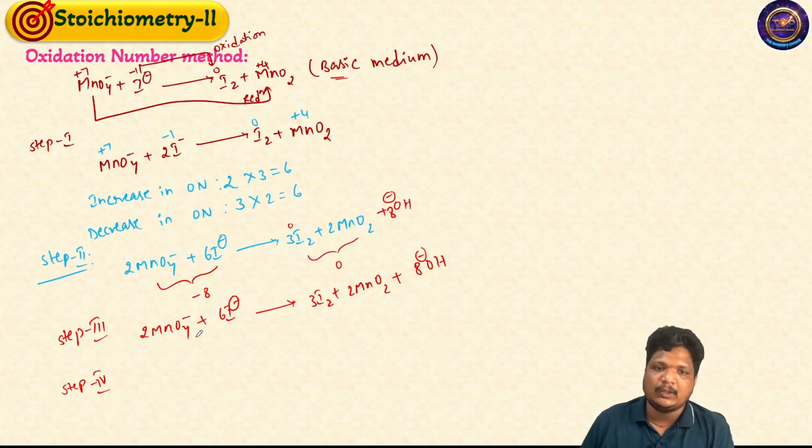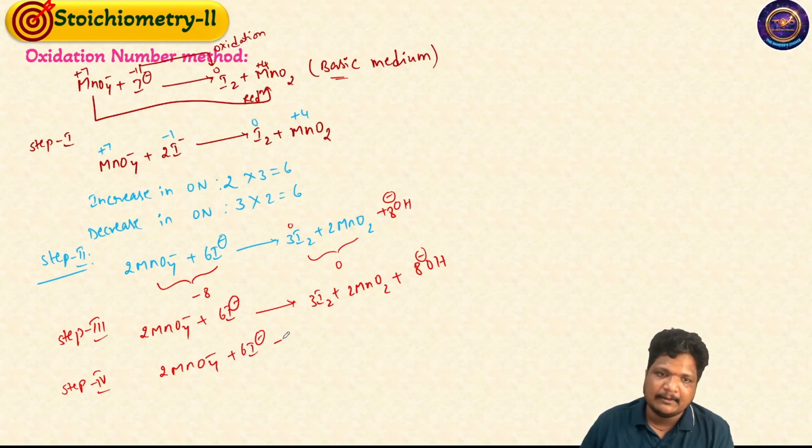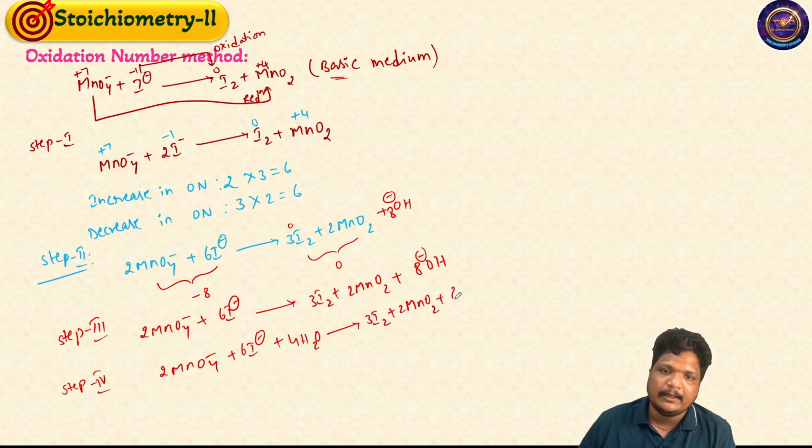In order to equalize the number of oxygen atoms, you have to add H2O here: 2MnO4 minus plus 6I minus plus 4H2O gives rise to 3I2 plus 2MnO2 plus 8 OH minus. So automatically, if you balance the oxygens, the hydrogens are also balanced.